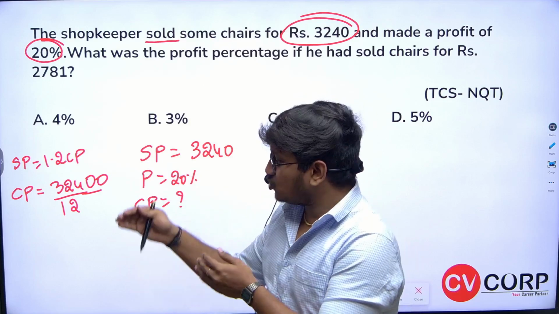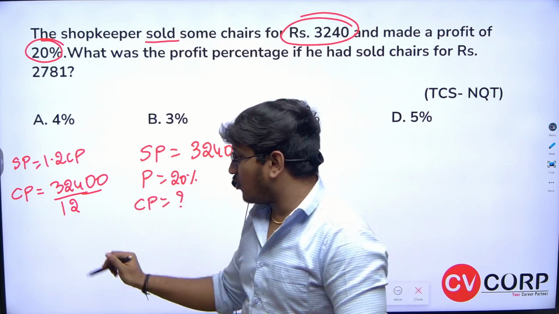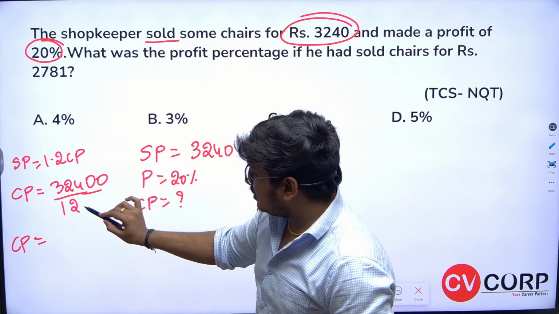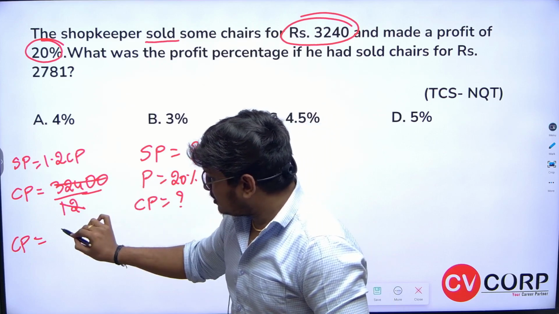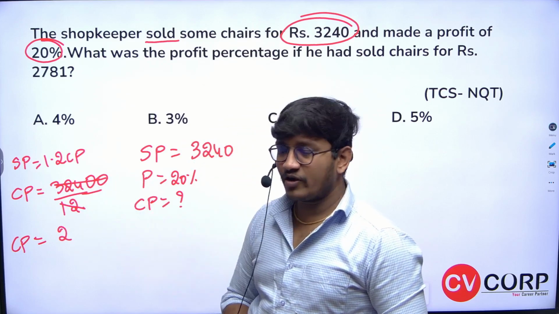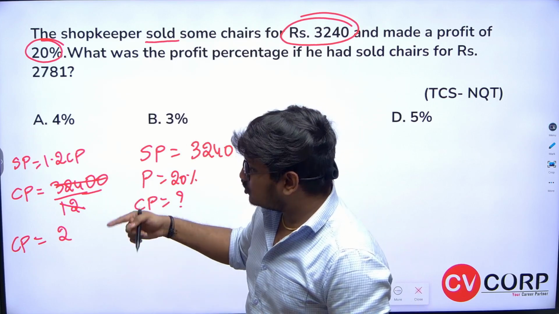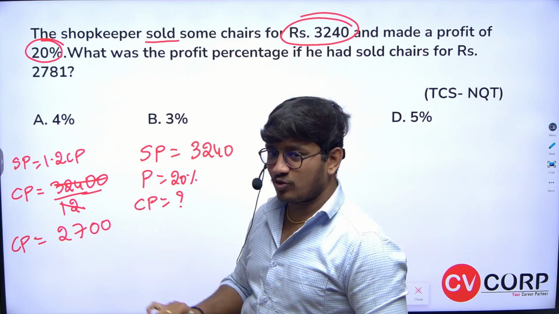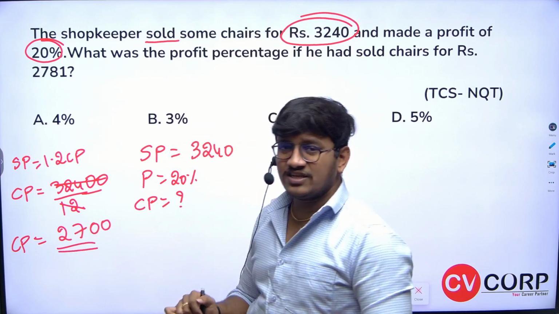Don't get confused here. Rather than writing so many steps, I'm writing it in a simple format. Now try to cancel the values. 12 2s are 24, next 84, 12 7s are 84, and 00 is left. Now we got the cost price of the chairs.